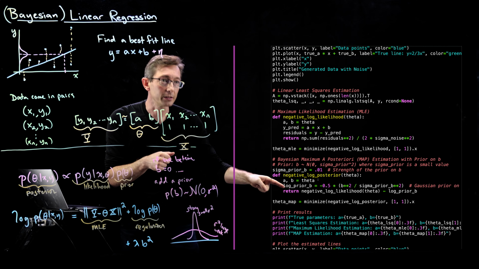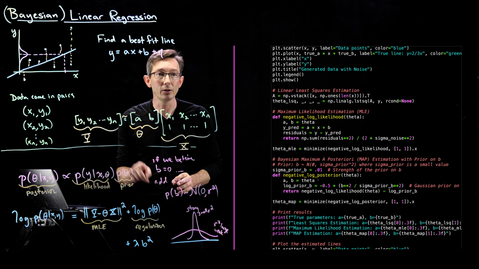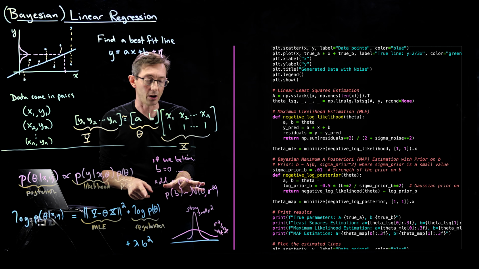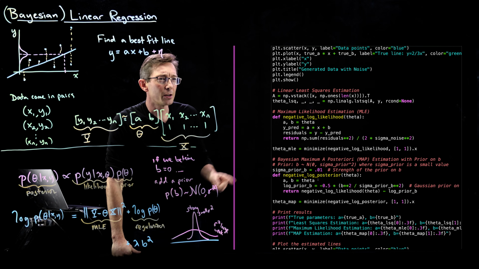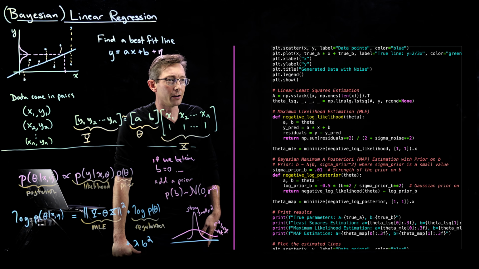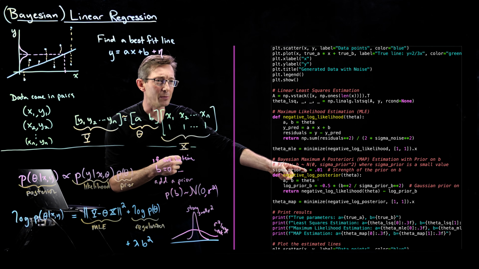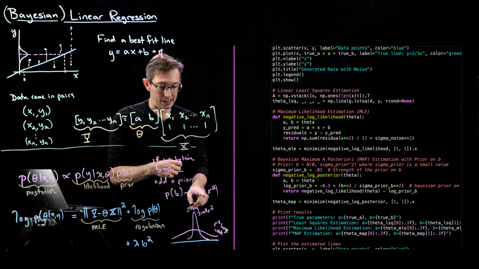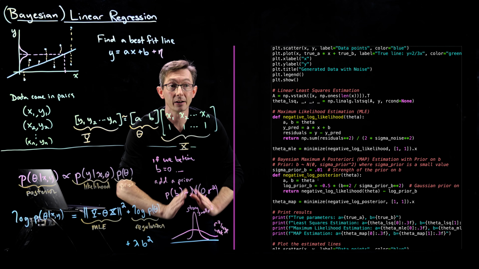And then the third solution, this is where it gets interesting, is the Bayesian version, where we include this additional prior information on our variable b, the second component of theta. So we're going to add in this strength of the prior on b. And this is where it's interesting. We can play around with this. I have chosen the sigma of my prior to be very, very small, which means it's a very strong prior.